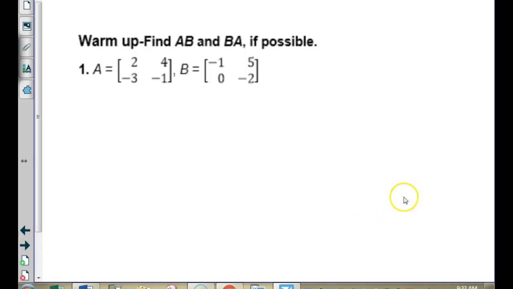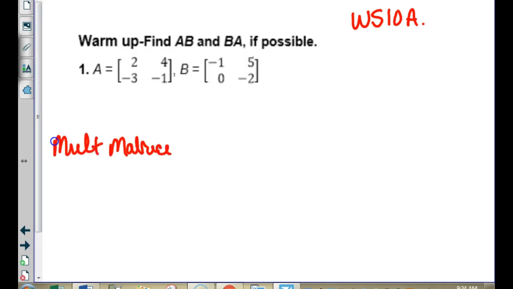All right. This is also kind of a warm-up, but you actually have this one. This is at the top of worksheet 10, I think. Okay, quick review. Do you remember how to multiply matrices? Anybody remember anything about it? How do you know you can multiply matrices?